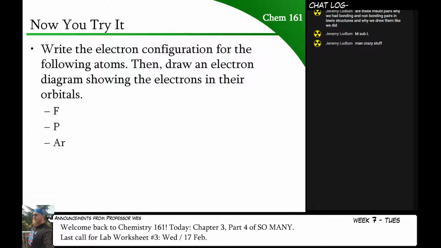Now you could do these in either order. Since you know the ordering of the energy levels, so you know it goes 1s, then 2s, then 2p, then 3s, and so on, you could either write the sentence first or write the diagram, fill in the electrons for how many electrons there are, and then turn that into a sentence. Either way works. But what I want you to do is do both tasks for each of the 3 elements.